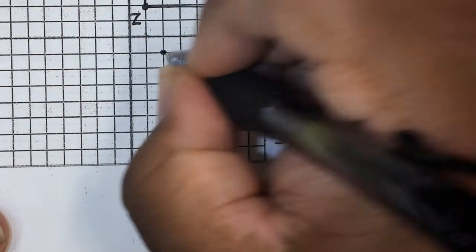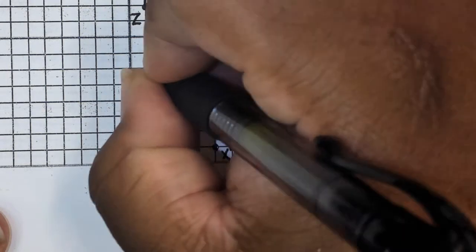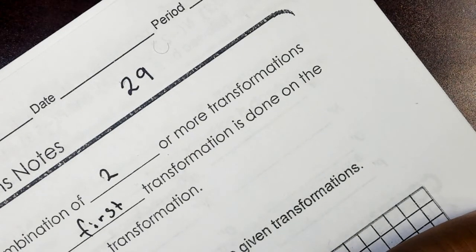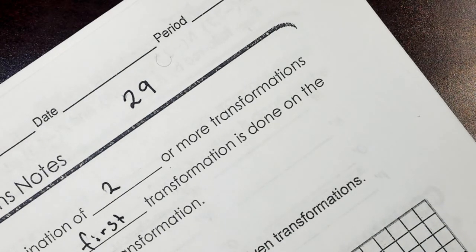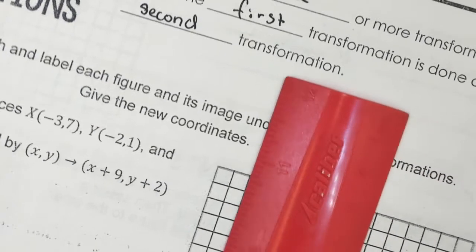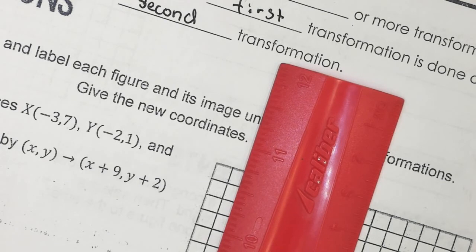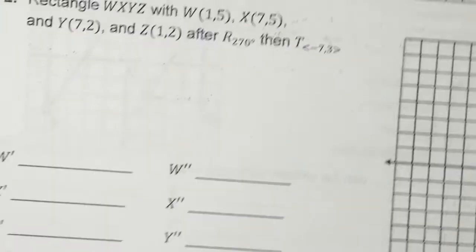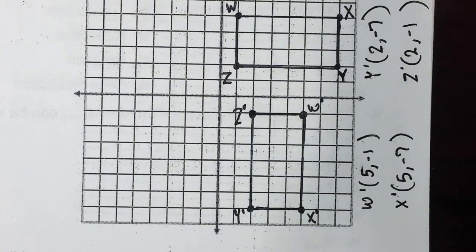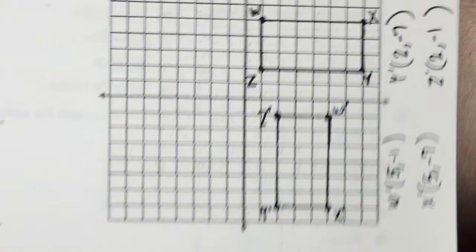Z prime, 2, -1. My graph there. So yeah, that's me after my rotation 270 counterclockwise. Then I'm gonna write those coordinates over here because these are the actuals too.